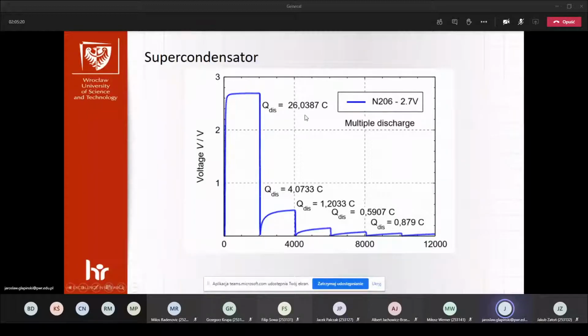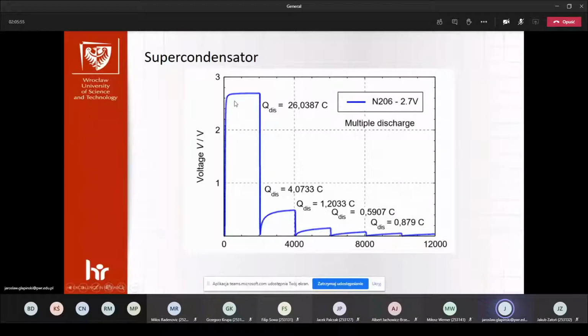Maybe it's not the best chart, but this can explain it. So we've got the electricity going from the capacitor, and we can discharge it, and then the electrolyte charges the capacitor, and we can discharge it again.